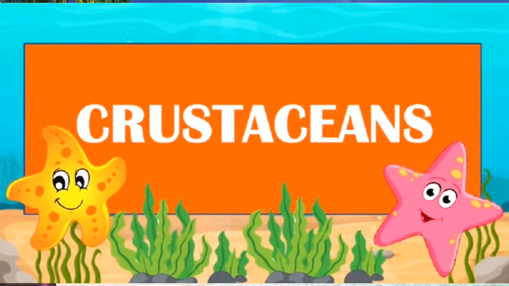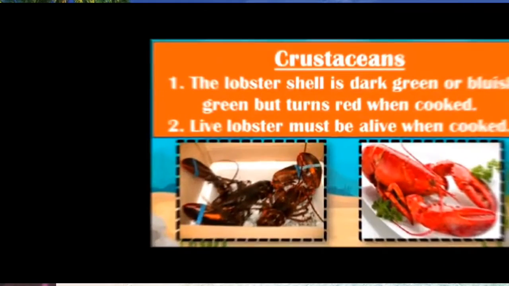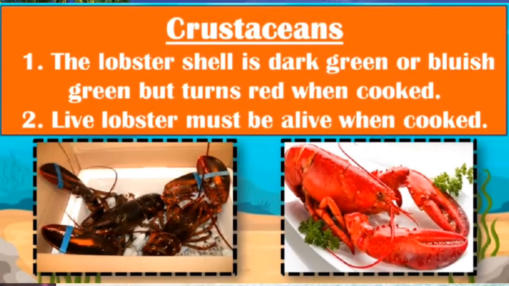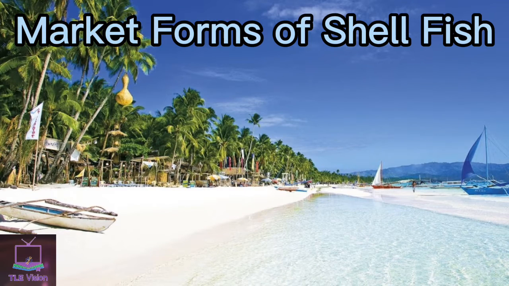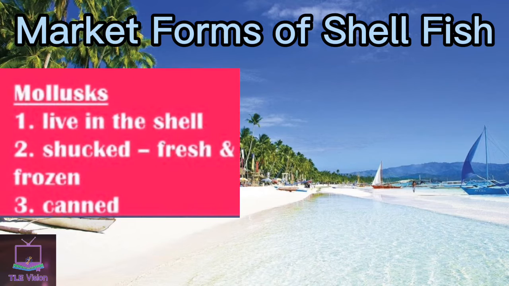These are the characteristics of crustaceans. The lobster shell is dark green or bluish green but turns red when cooked. Live lobster must be alive when cooked. Market forms of shellfish. There are 3 market forms of mollusks.